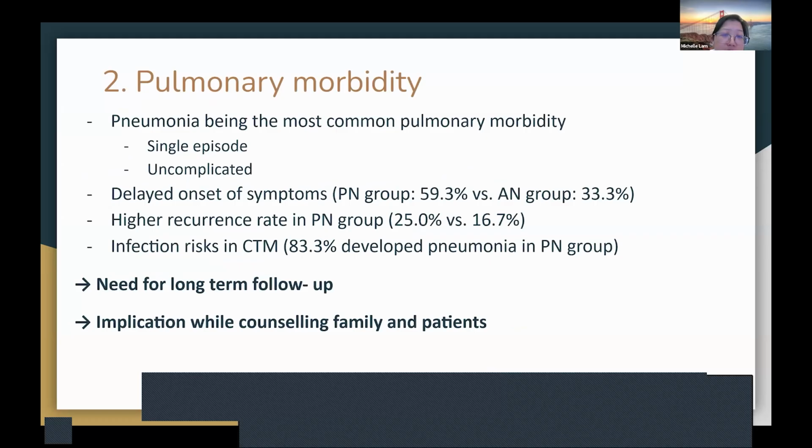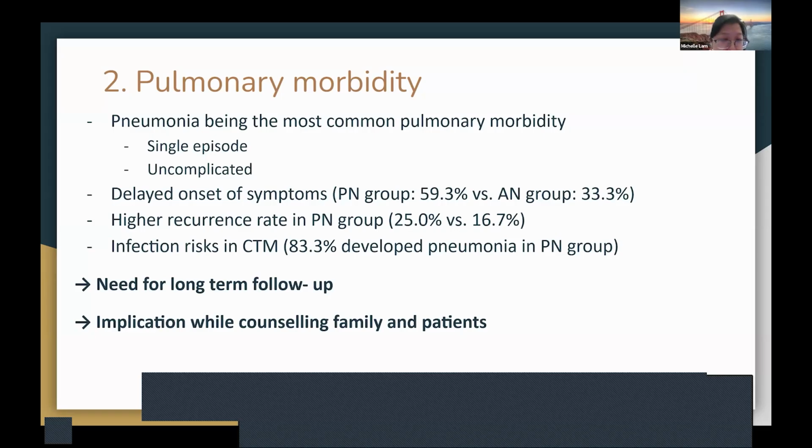Secondly, pneumonia was the most common pulmonary morbidity. Most of them presented as a single uncomplicated episode. There was a delayed onset of symptoms in the PN group, as reflected by its higher rate of pneumonia and also a higher recurrence rate.